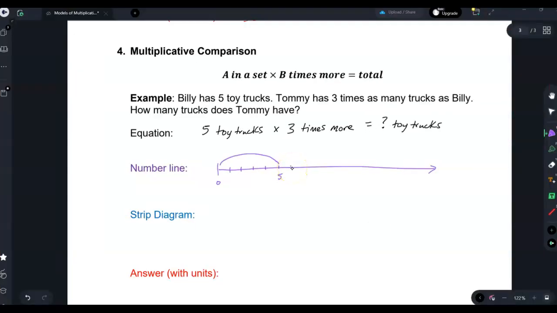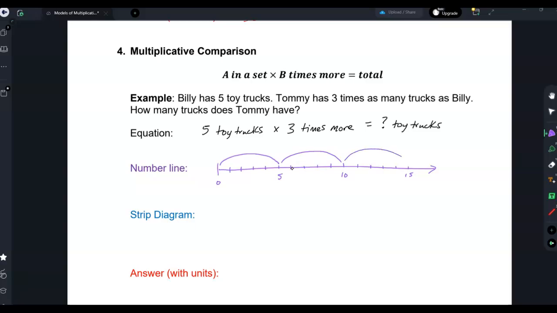If we were going to double that, or do 2 times as many, we would do 5 more: 6, 7, 8, 9, 10. So 5 more would take us out to 10, and that would be 2 times as many, or 2 times more. And for 3 times more, we'd do another 5: 1, 2, 3, 4, 5 more would take us out to 15.